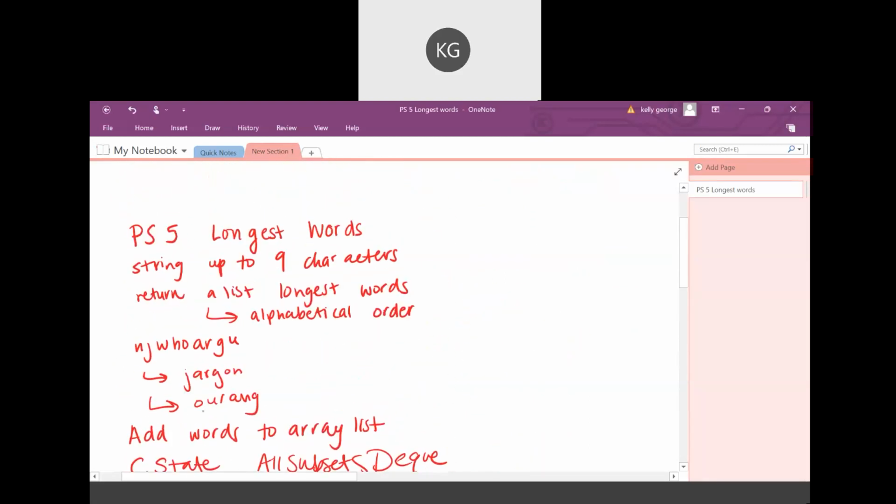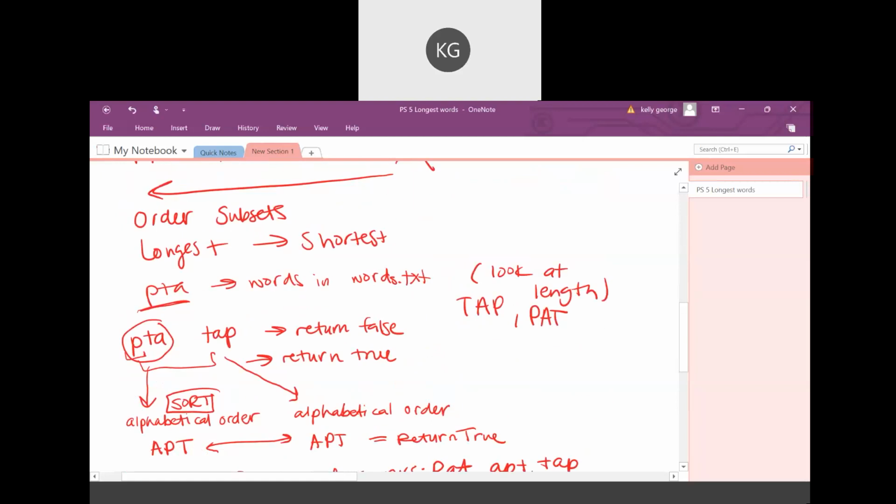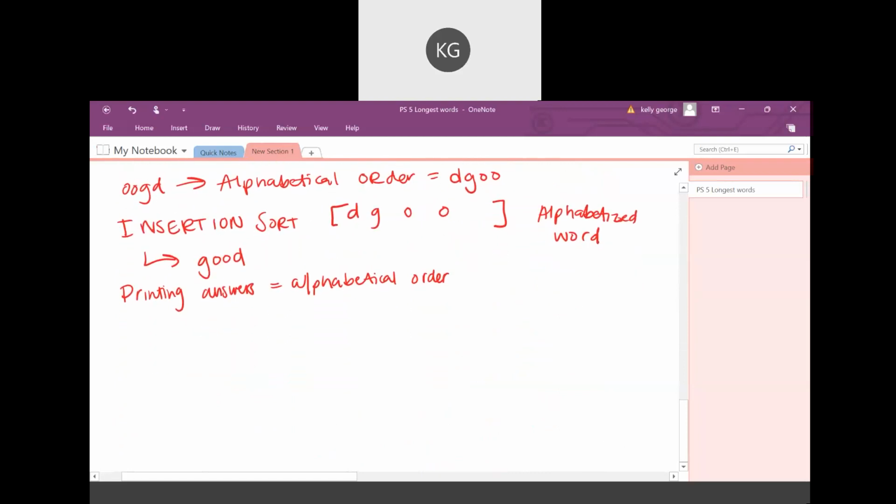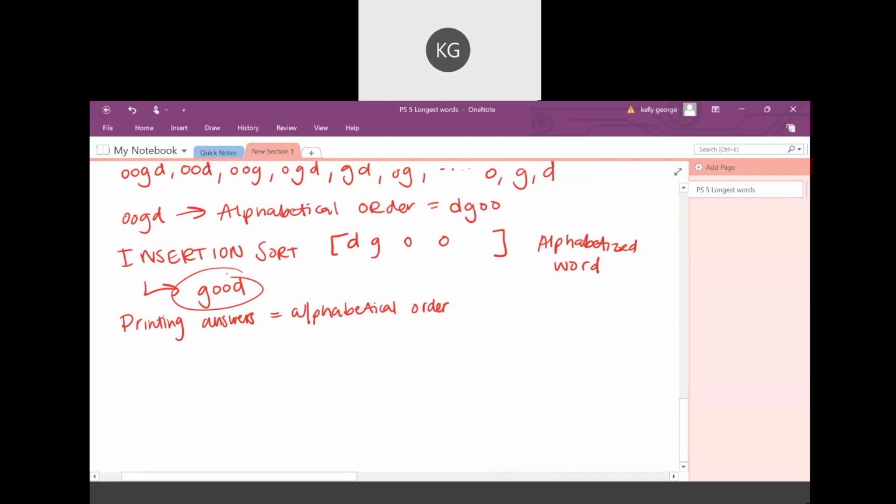For jargon and ouring or whatever, the J is before the O, so that one was printed first. So I also use insertion sort to alphabetize the words. Okay, so we got good for this one.